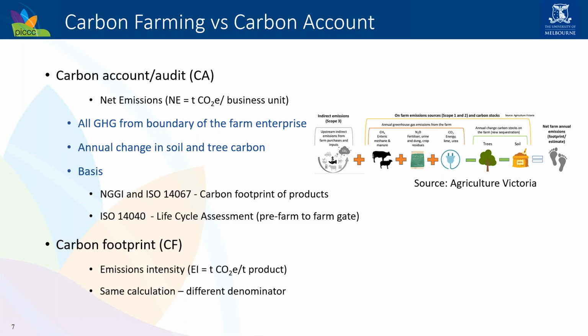You can only include not the whole stock of the tree, not what's been growing over there for 30 years. What has changed between year 30 and 31 would be what's included in that account. And so that's to just make sure that you're adding or subtracting like for like, rather than taking into account the stock of the sequestration and comparing that to the annual emissions.